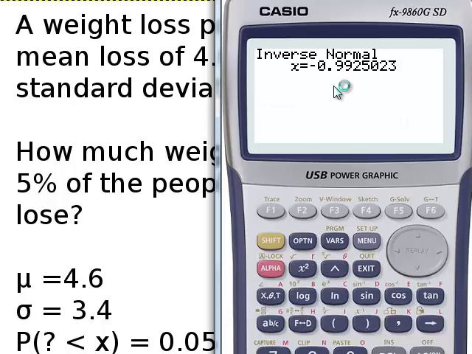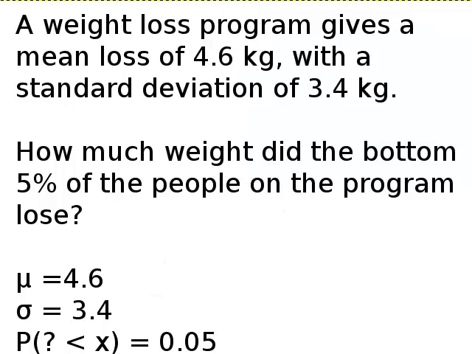So that says that the number we are looking for is minus 0.99. So that means that the lowest 5% of this group actually put on just under 1 kilogram.